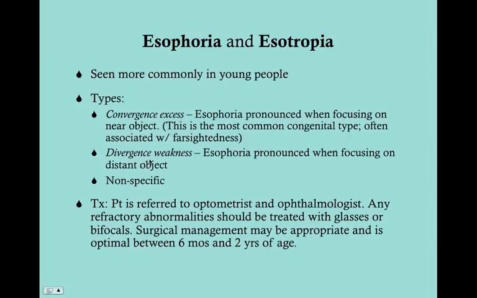Now, another way you can get esophoria or esotropia is by looking at a distant object. When you're looking at distant objects, your eyes should diverge. And let's say that the muscles responsible for divergence, which would be your lateral rectus muscles, are stronger on one side than on the other.